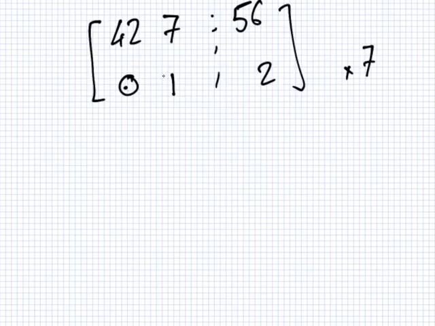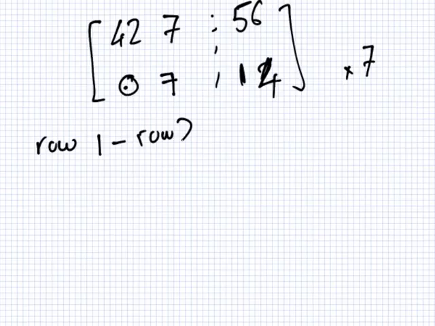0, 7, and 14. Now I can do row 1 minus row 2 and put the answer on row 1 or 2?